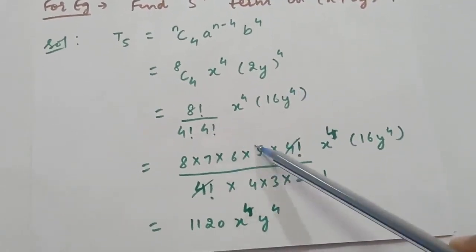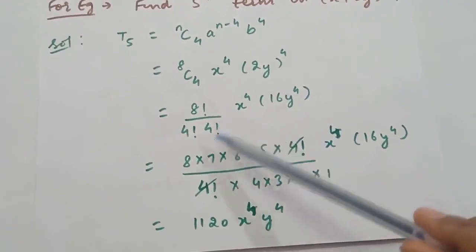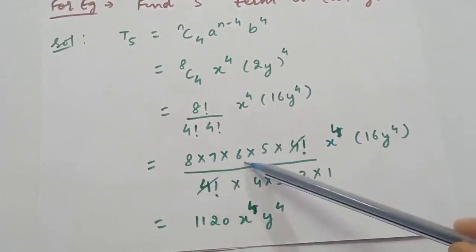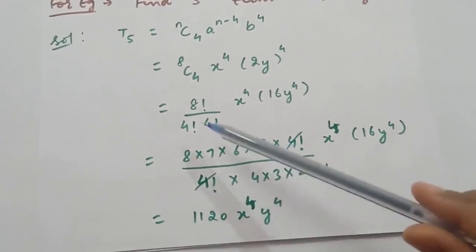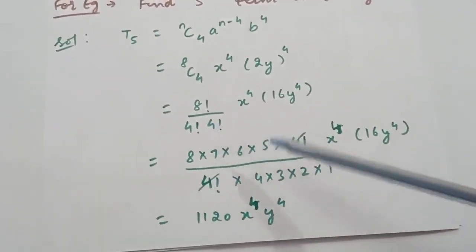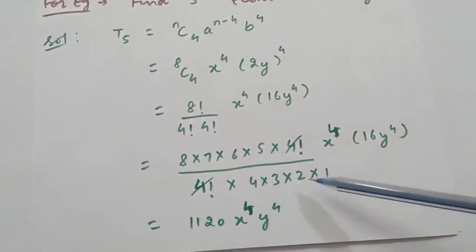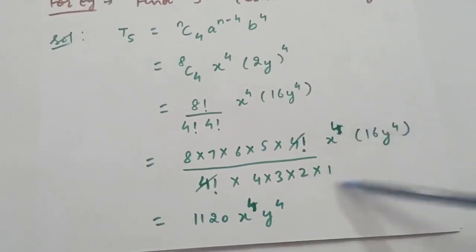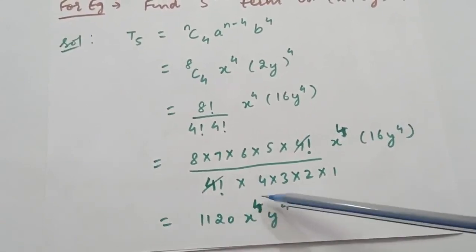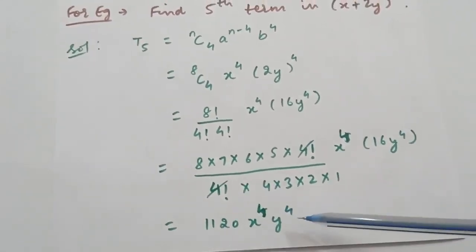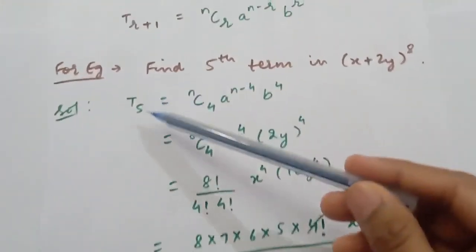Solve this factorial, right? Writing this 8 factorial as 8 into 7 into 6 into 5 into 4 factorial, keeping one 4 factorial as it is and writing the other 4 factorial as 4 into 3 into 2 into 1. So when you solve this completely, you will get 1120 x raised to the power 4 into y raised to the power 4, which is the fifth term of this expansion.